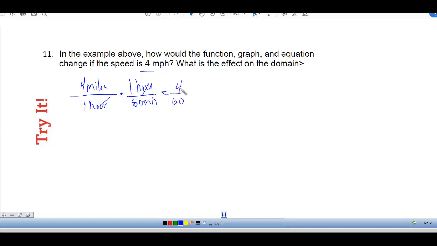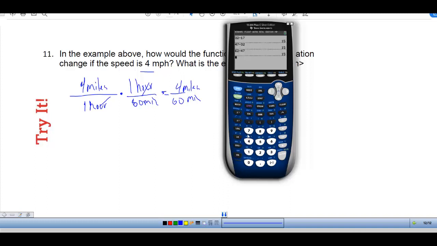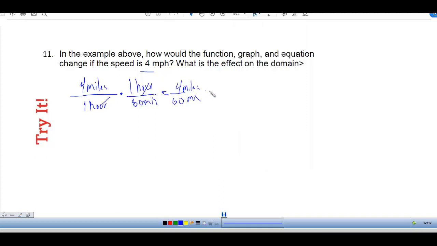So I have 4 over 60, that's 4 miles over 60 minutes. So I have 4 divided by 60. And that is 1/15. Okay, miles a minute.